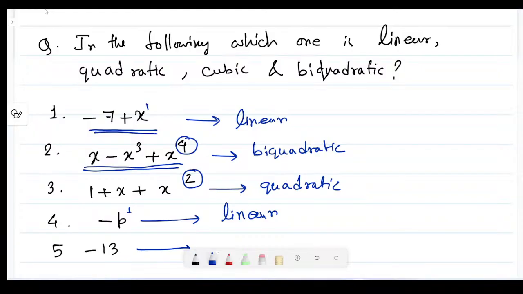And now this is a constant polynomial, because there is no variable of degree 1 in this expression. So it is just a constant term, so it is a constant polynomial.